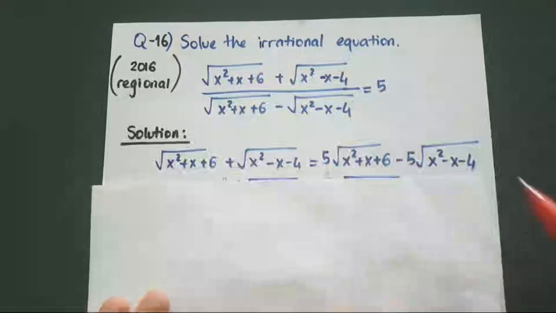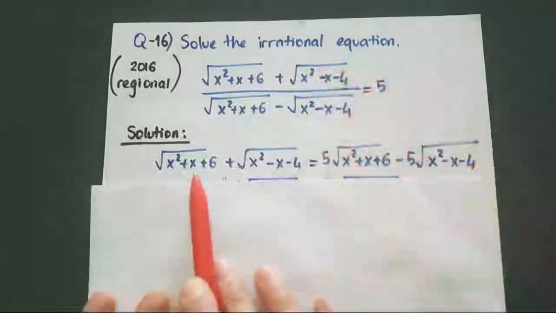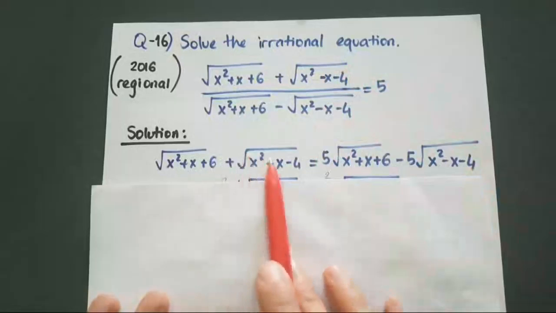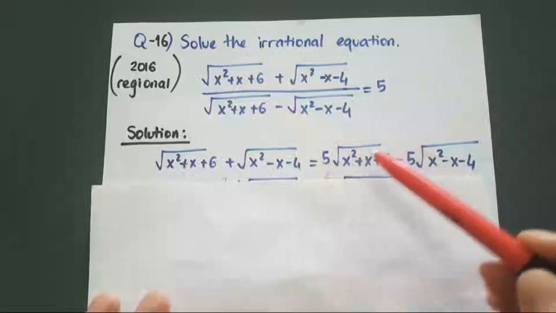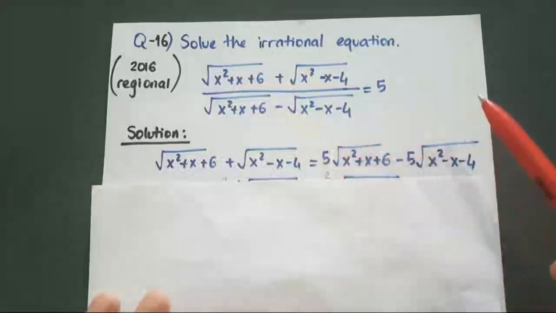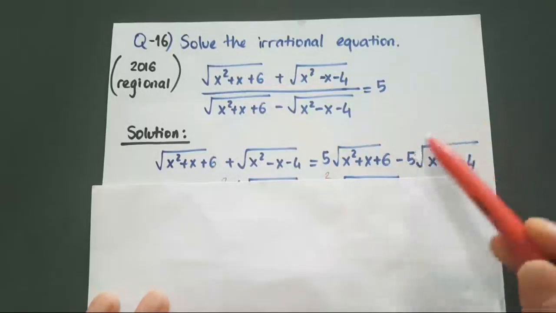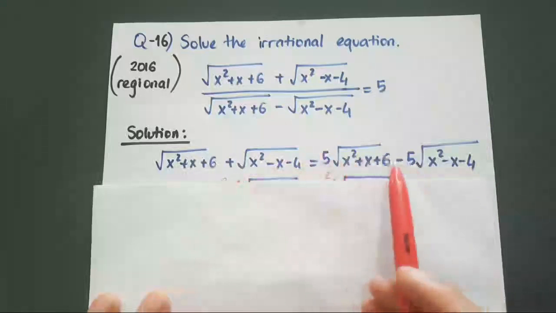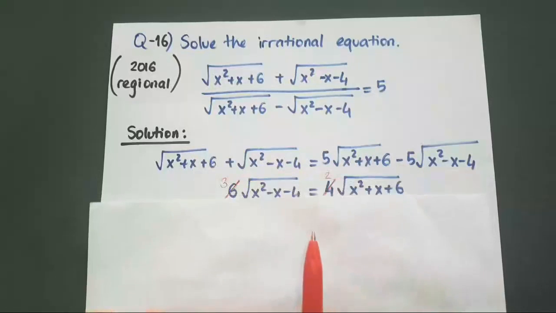Okay. Cross multiplication: x squared plus x plus 6 plus square root of x squared minus x minus 4 is equal to 5 times square root of x squared plus x plus 6 minus 5 times square root of x squared minus x minus 4. After I write this, I will take the common terms to the same side.